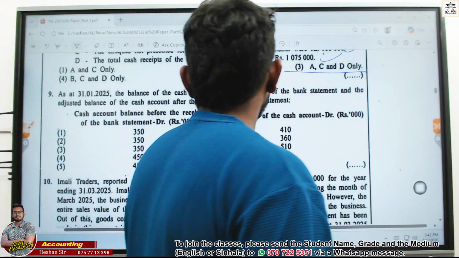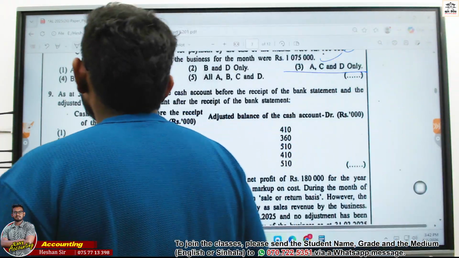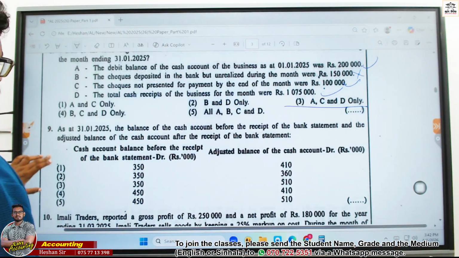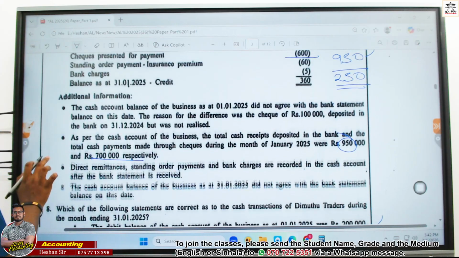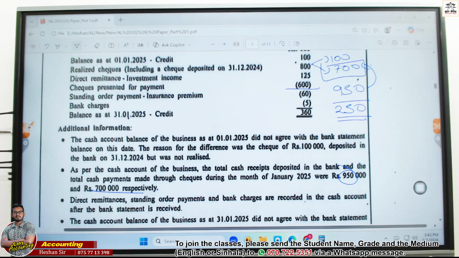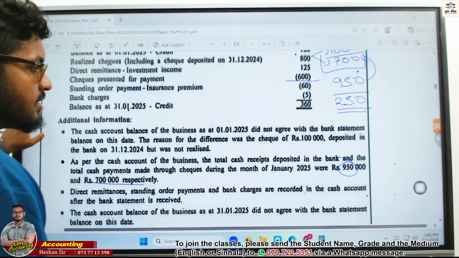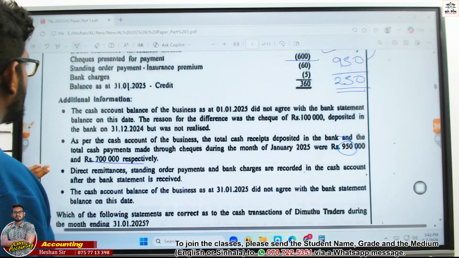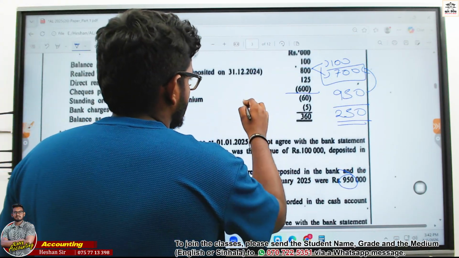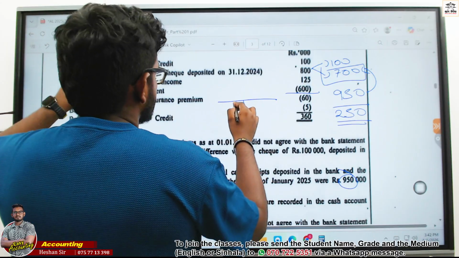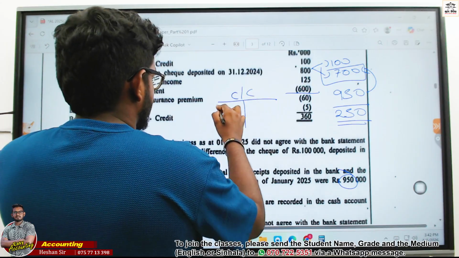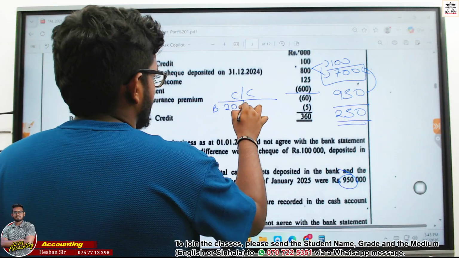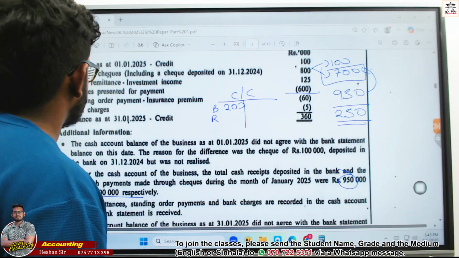Cash account balance before the receipt of the bank statement, how much? Then you can see the opening balance was 200. The opening balance we found was 200. When the unrealized was added, the opening balance was 200, not the adjusted one. Total receipts, how much?